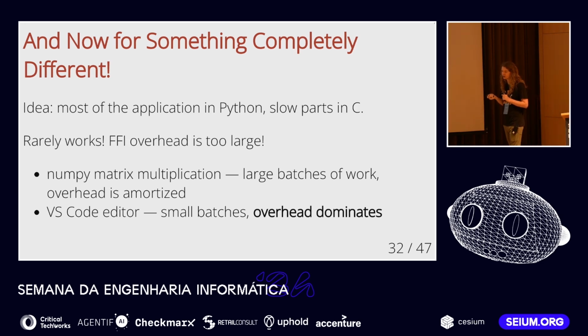And a nice story here is VS Code. VS Code is a text editor for code. It is written mostly in JavaScript. And originally, they implemented the core widget for the text editor, which displays fonts and everything, in C++ for performance. And then to improve performance, they rewrote that C++ code in JavaScript.